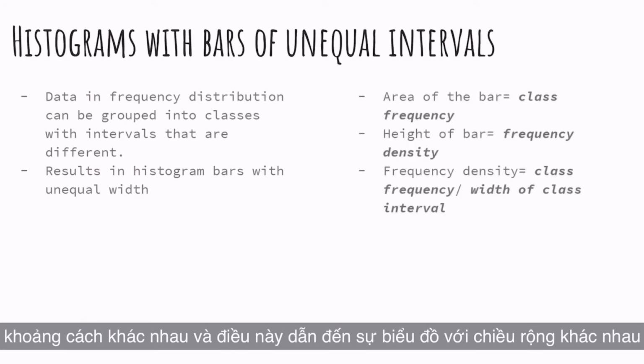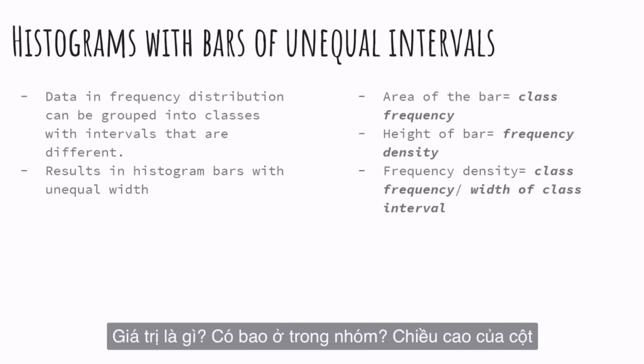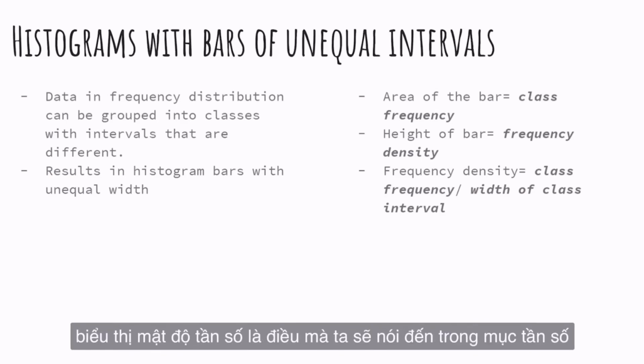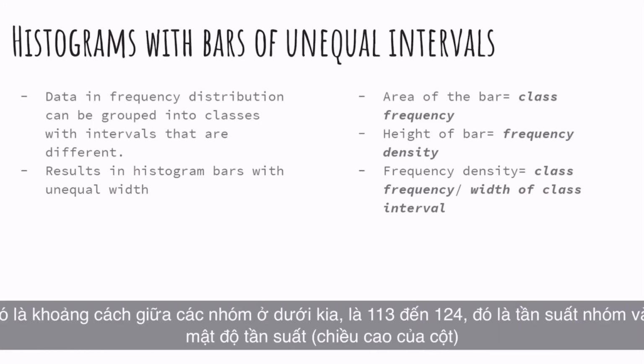The area of the bar represents the frequency of the class, so how much is in the class. The height of the bar represents the frequency density, which we will cover in a bit. The frequency density is equal to the class frequency divided by the width of the class interval.